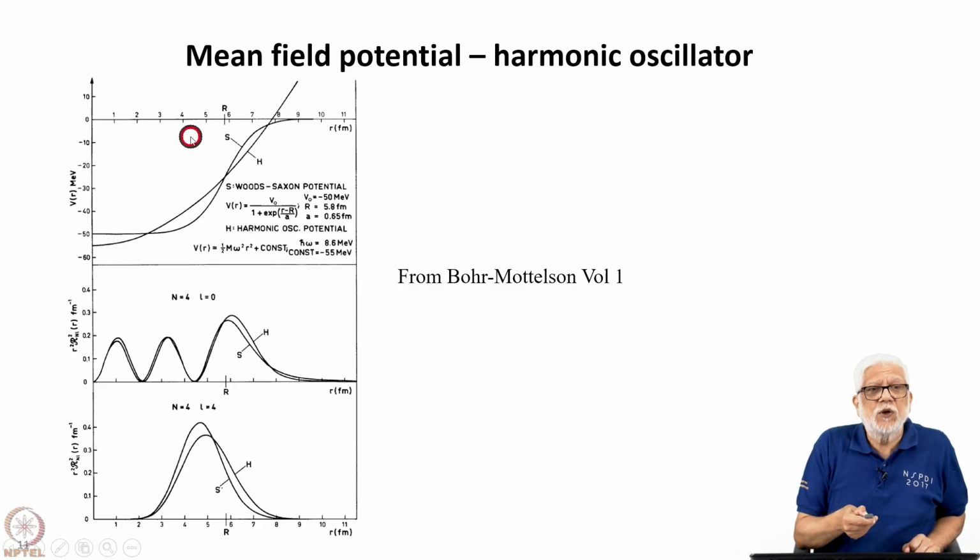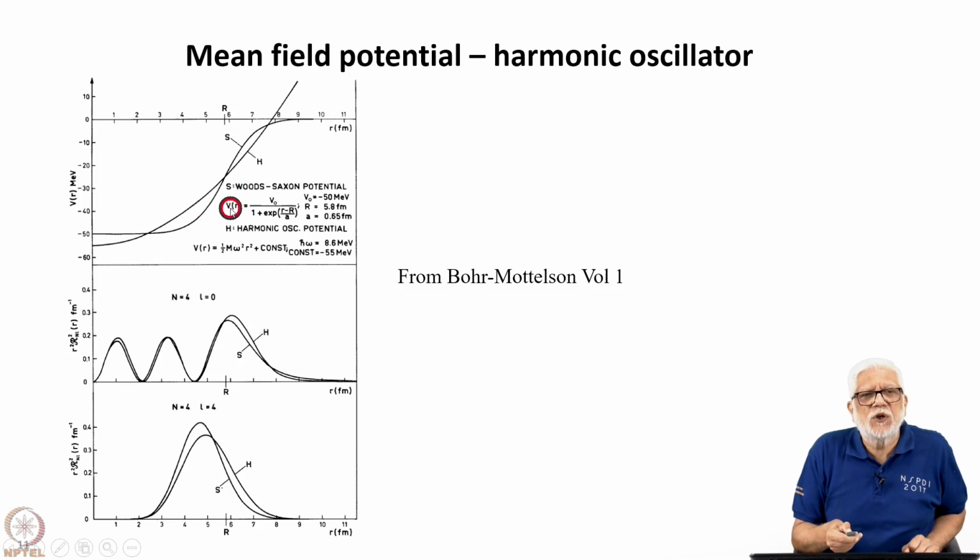So, as I said, you can mimic the real potential that a nucleon sees in a nucleus, which to a very good approximation is given by the so-called Woods-Saxon potential, where the potential goes like V0 divided by 1 plus exponential of (r minus R) by a, where a is the so-called skin thickness of this potential, and R is the half value of the density distribution or the potential distribution.